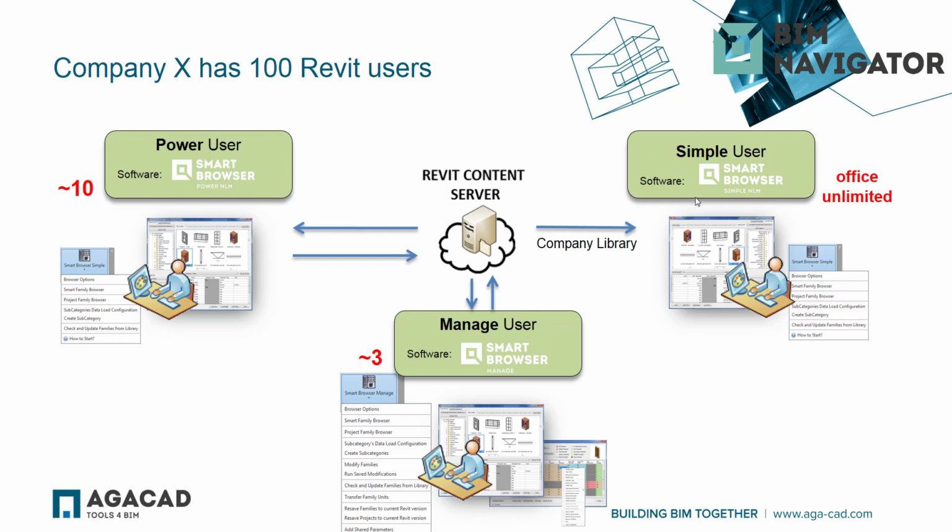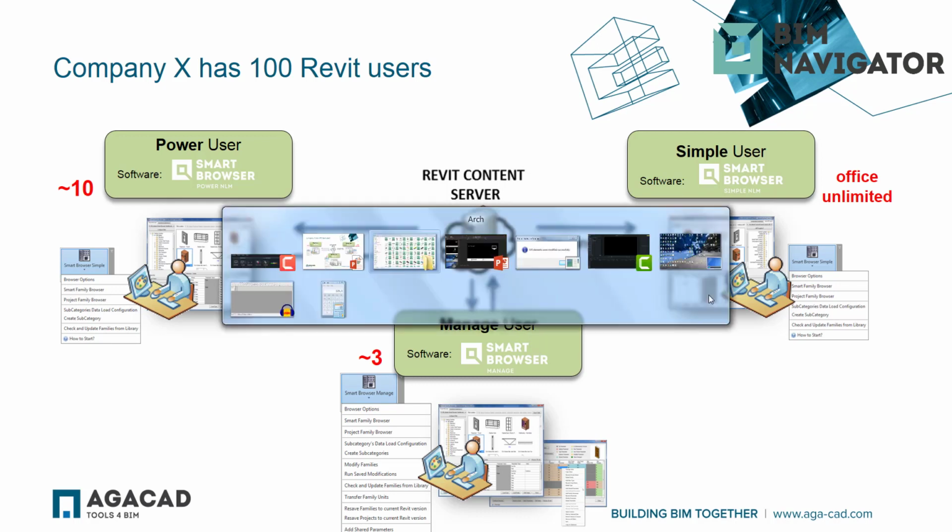What is the difference between them? The power user can load up new families into the project and into your library. And the simple user can just use the families and see the parameters. He can just drag and drop the family into the Revit environment, and that is all.